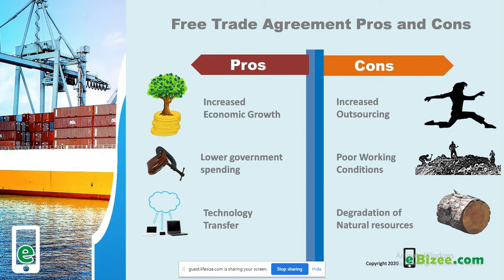And similarly, it is said that in such situations we have so-called poor working conditions. A lot has been written about the link between working conditions and free trade agreements.